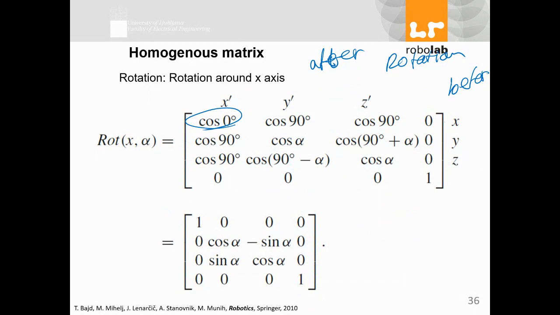How much is cosine of 90 degrees? So we replace this. These are simple. This one will be 1, this one will be 0, this one will be 0. Cosine of 90 will be 0, cosine of 90 will be 0, so that's why I have 0 here.